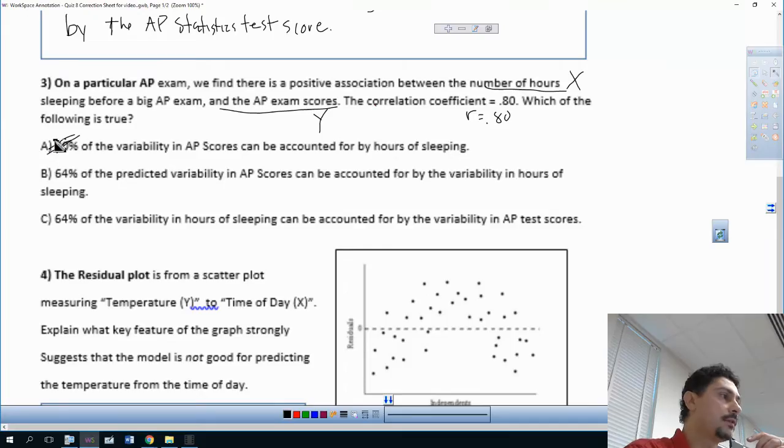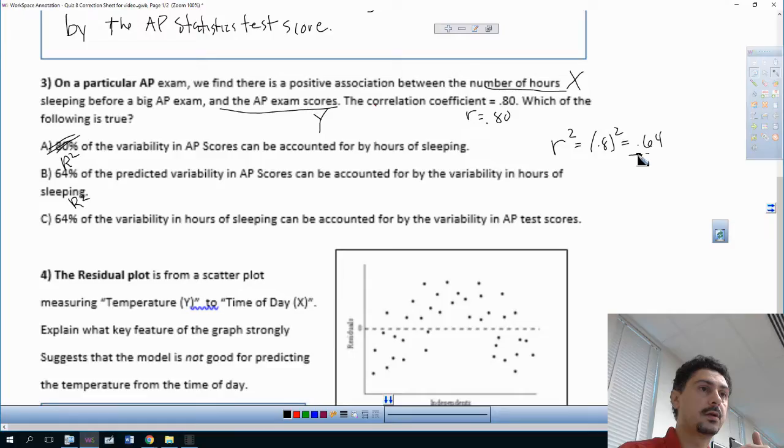Whoa, this cannot happen because what I'm interested in is R squared. R squared represents the percentage of variability, so A can't be the answer. Now, when you look at B and C, R squared is 0.80 squared, which equals 0.64, which is 64%.